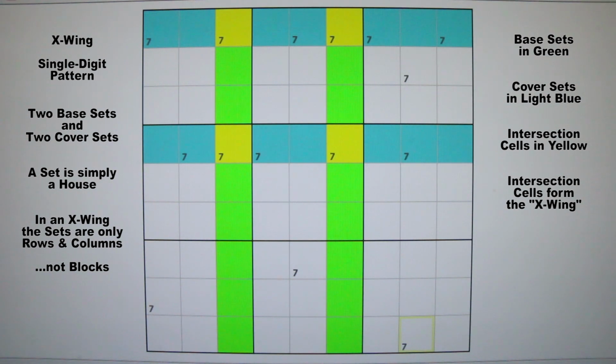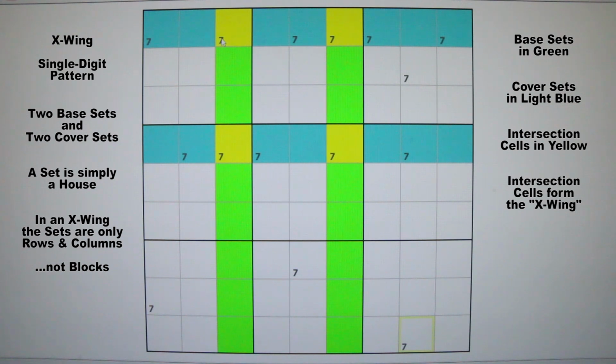And in column 6, one of those two candidate 7s must be true and the other must be false. So this time, what we just did in the last example is kind of turned on its side to the left 90 degrees. So you have to be able to look and find these either way, whether they're in the rows or the columns. This one, the base sets are in the columns.